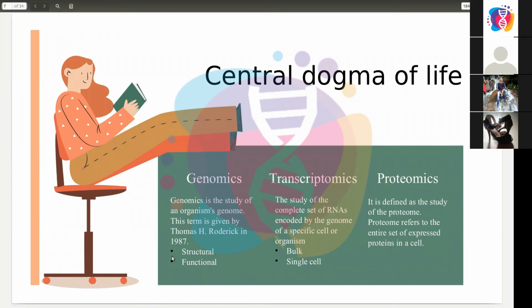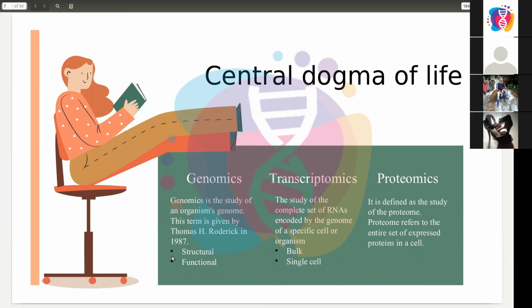So genomics is essentially the study of an organism's genome, wherein you study the entire genome as a whole and come to conclusions, or help the biologist come to conclusions. Now, the term genomics was first introduced by Thomas Roderick in 1987. There are two types of genomics, one being structural genomics, another being functional genomics.